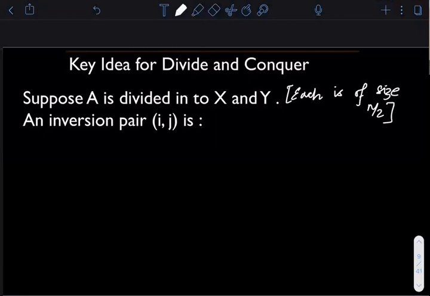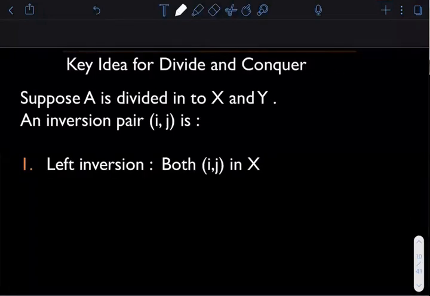Now, once we have these two parts, the first n by 2 elements form my X and the next n by 2 elements form my Y. I am going to give names to the inversion pairs that occur in the original array A according to this division. The first category I call the left inversions. When do I call an inversion a left inversion?